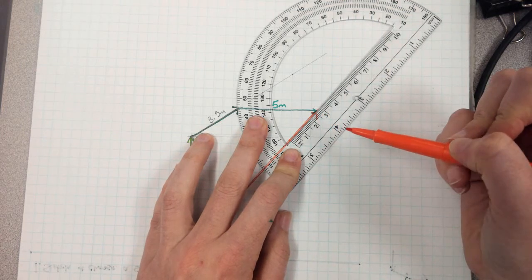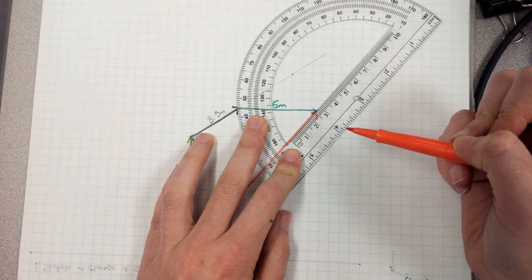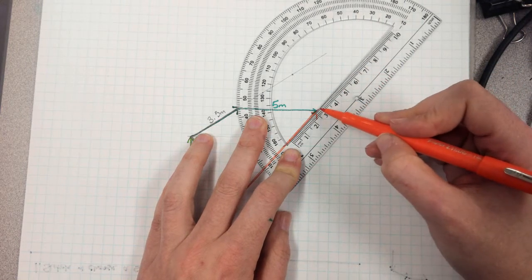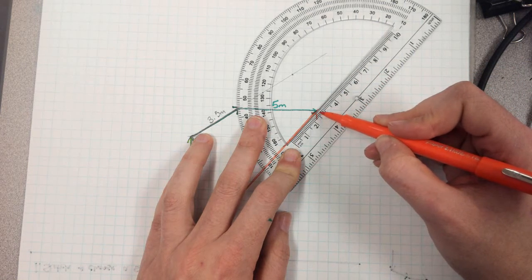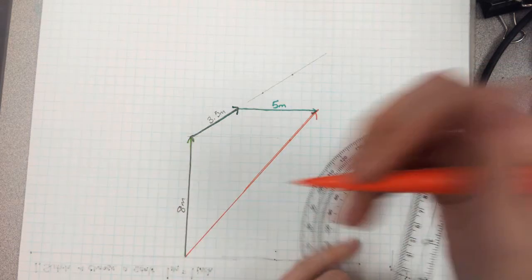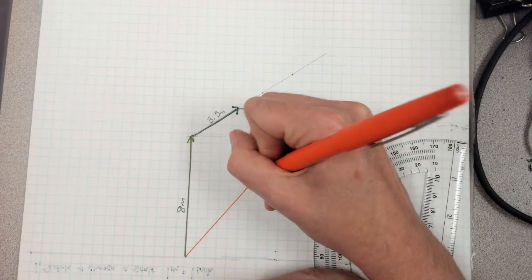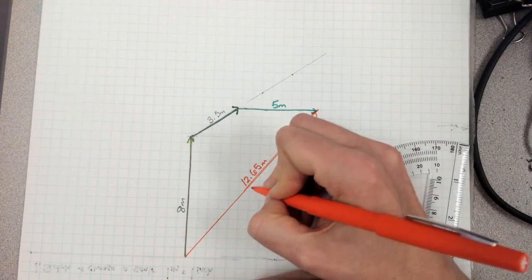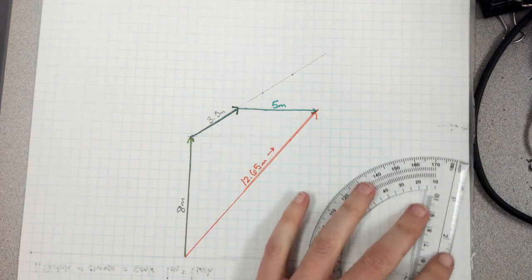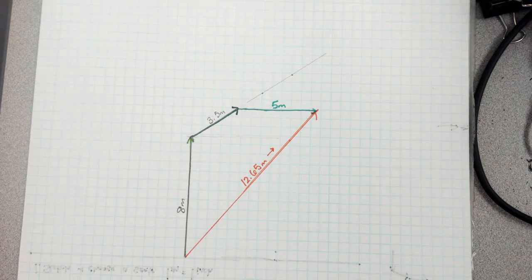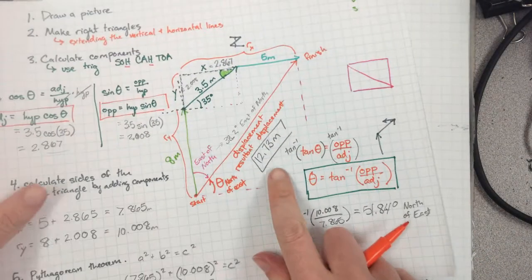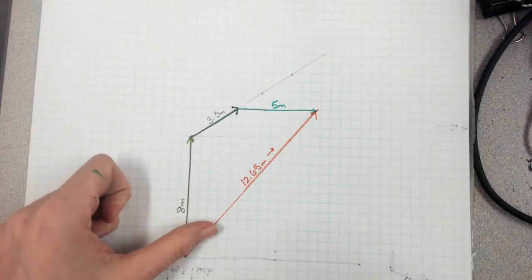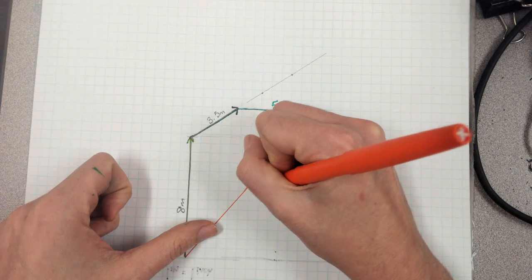It looks like my ruler is showing it goes to like 12.65 or something like that. What did we calculate it to be? 12.7.